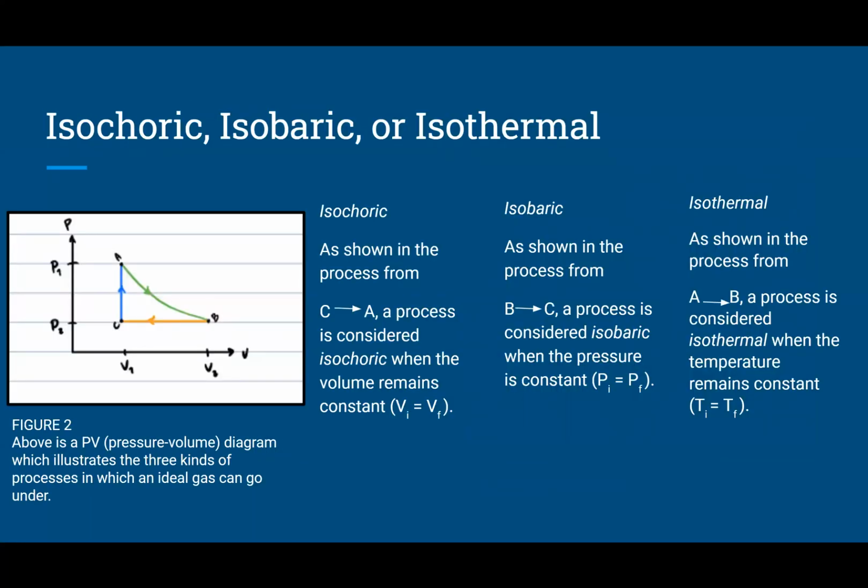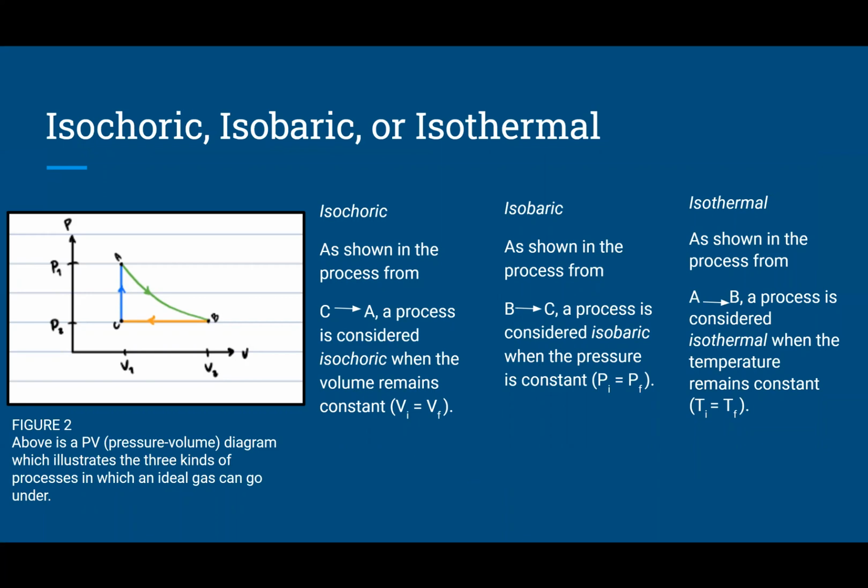So now that we talked about the PV diagram, we're going to break down what isochoric, isobaric, and isothermal are. You can see the PV diagram on the left, given as a guide to see visually how these processes work.